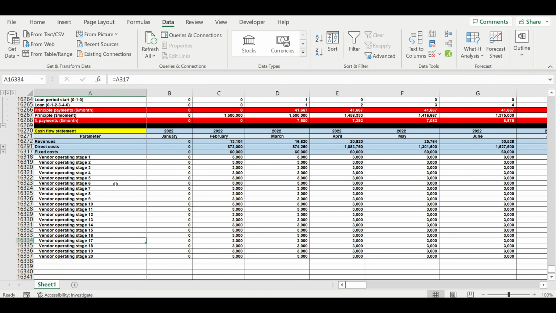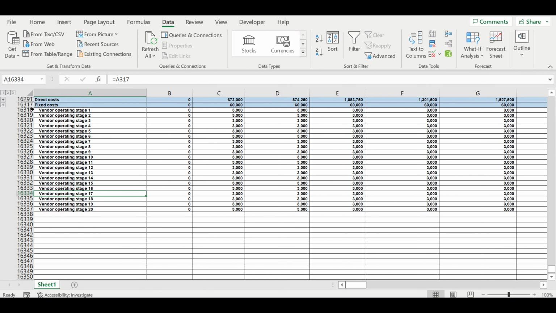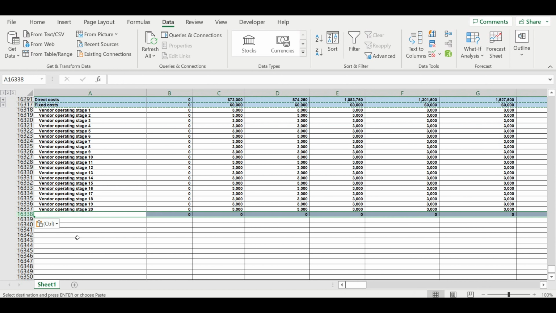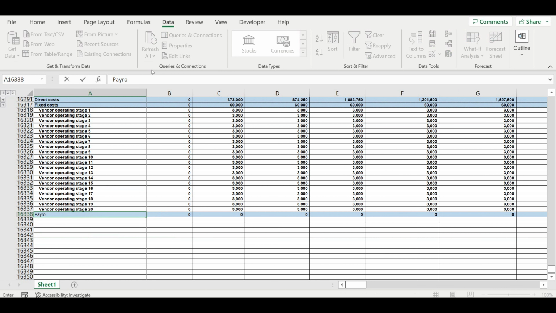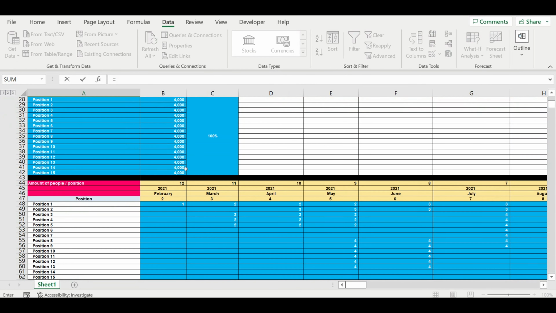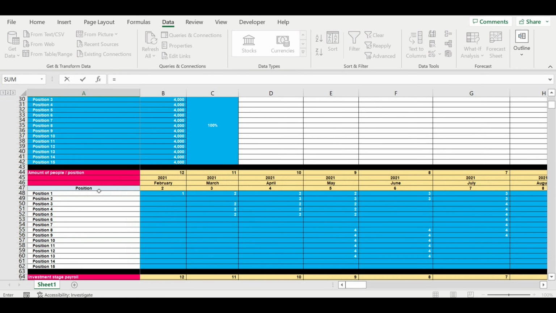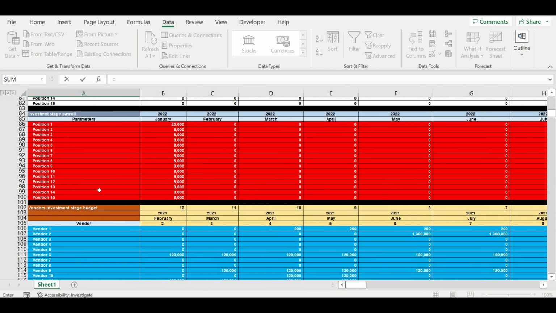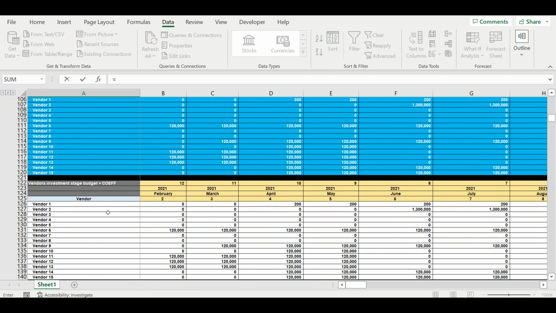Then we are moving to the payroll. So press equals. Then we go up, searching for operating stage payroll. So these are investment stage expenses for the budget.